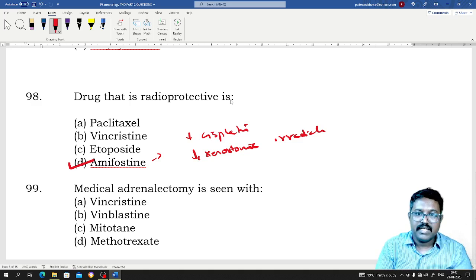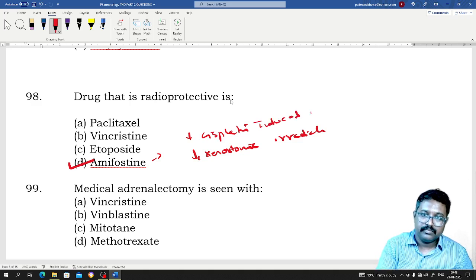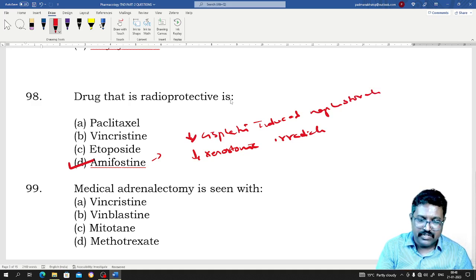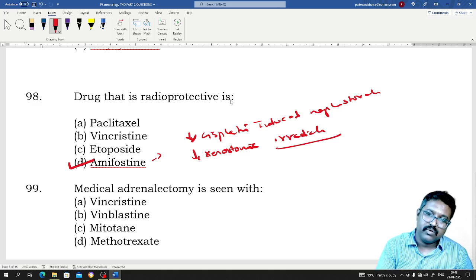So they are used to decrease the cisplatin induced nephrotoxicity actually, as well as they decrease the xerostomia in patients who are undergoing irradiation.